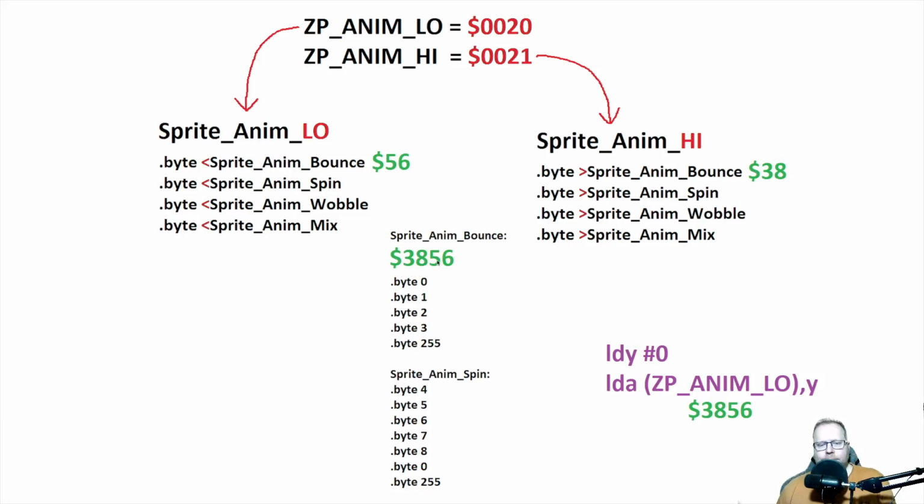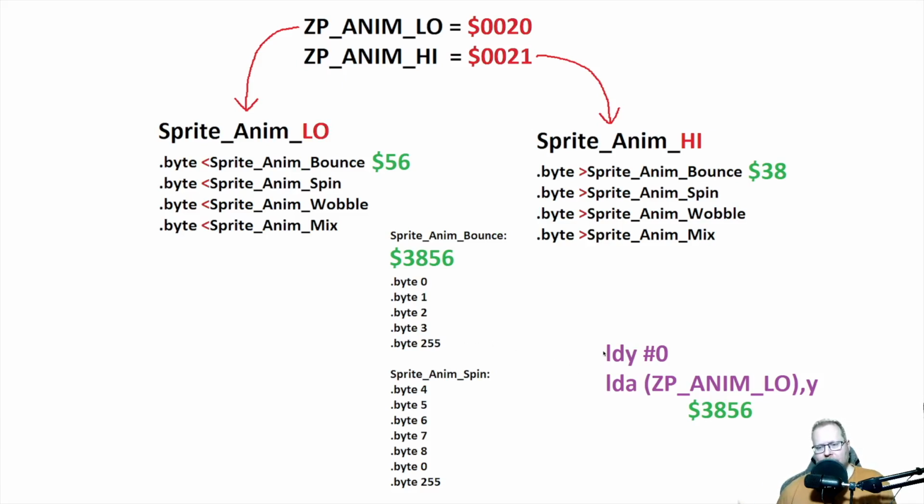So that's why I split it up like that, because I have several tables that I need to address, several different animation types. Every animation type has its own table.